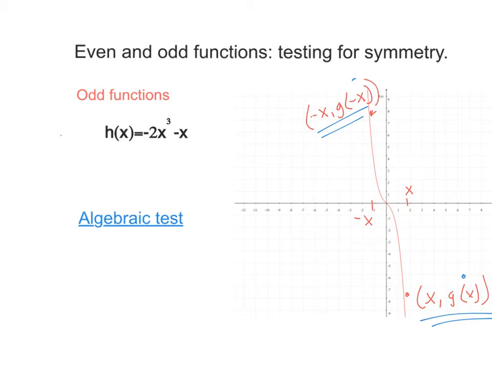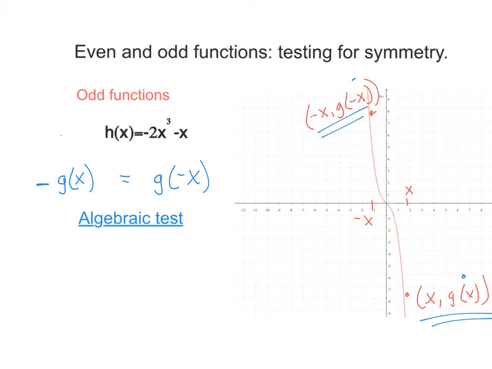So I can't say that g of x is equal to g of negative x like the last function, but I can say that they are opposites of each other. So g of negative x is the opposite of g of positive x. So they had to be exactly opposite all the way through, which leads me to the algebraic test.